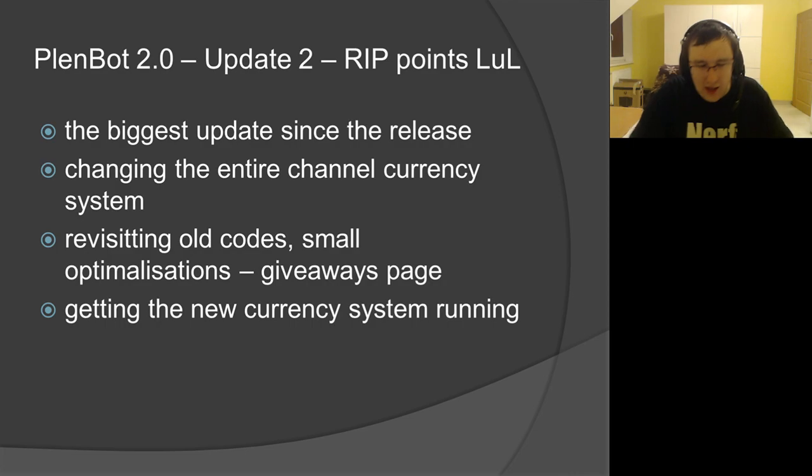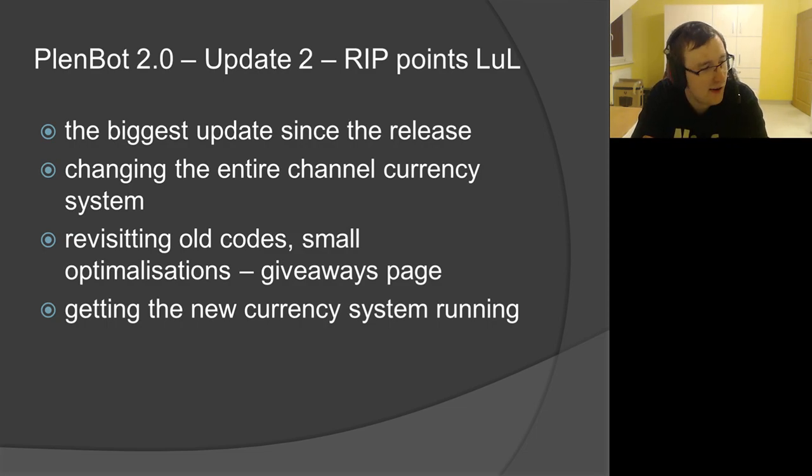So it's fine. It was obvious I needed to make some changes to the optimization, because the giveaway page, with more giveaways, was loading worse and worse every time. It was just horrible. So I did some changes. The biggest changes I did in this update was the removal of the previous giveaways.